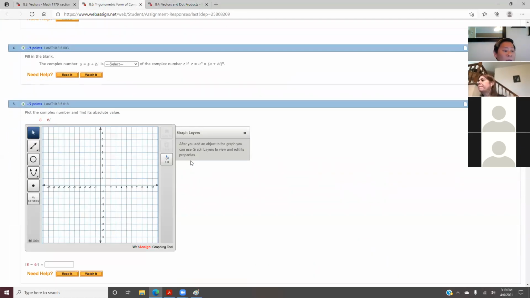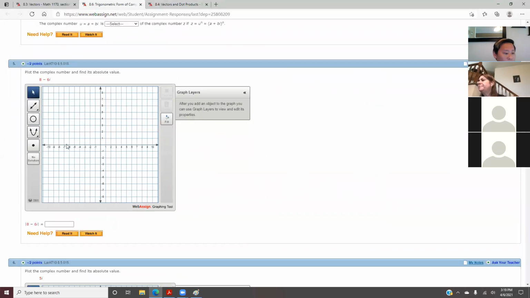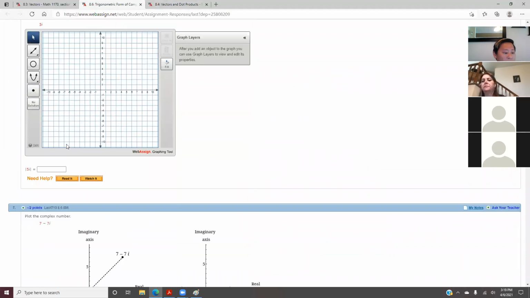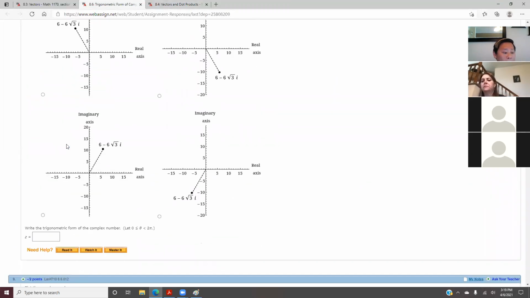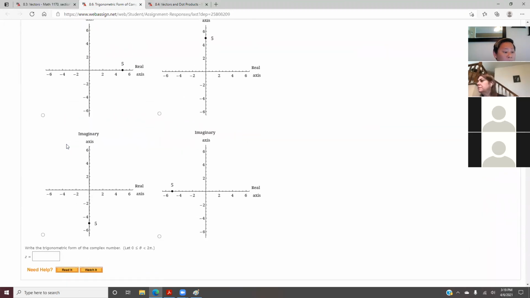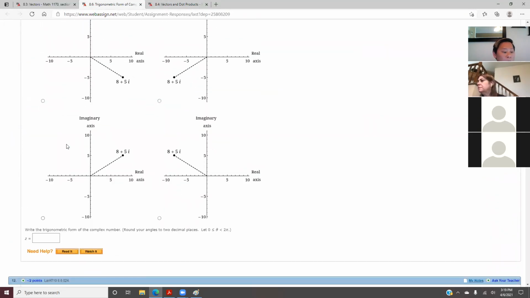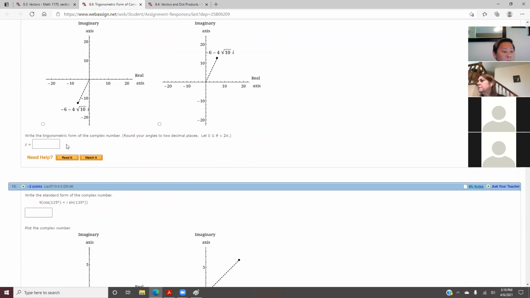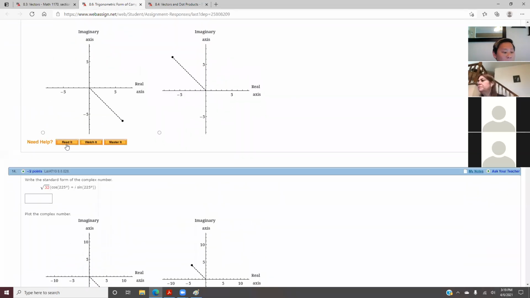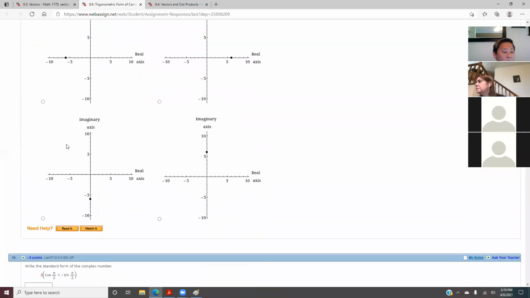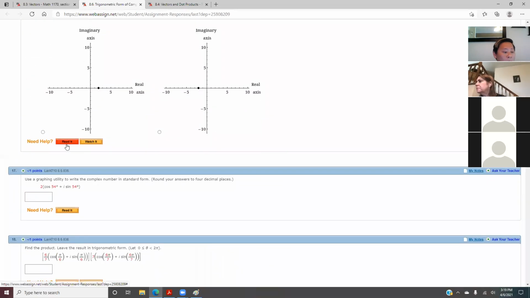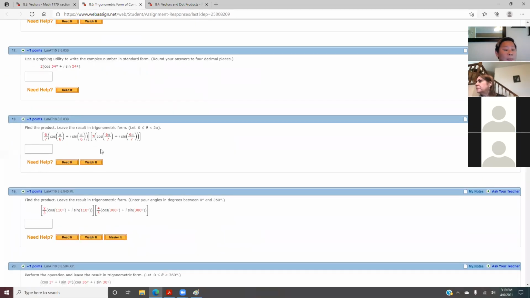So example is, I think you know how to draw this. Like this one. So they want you to multiply these two trigonometric forms.